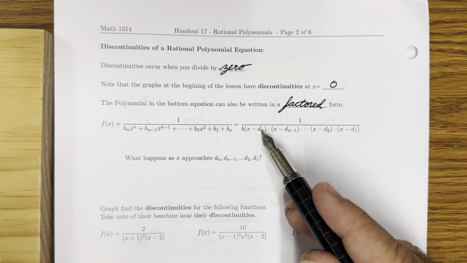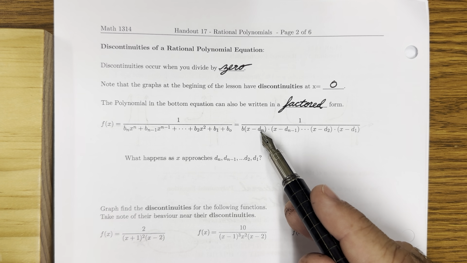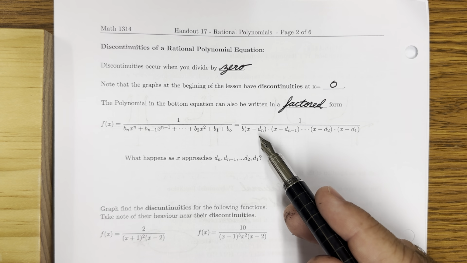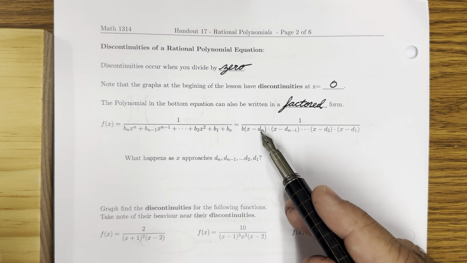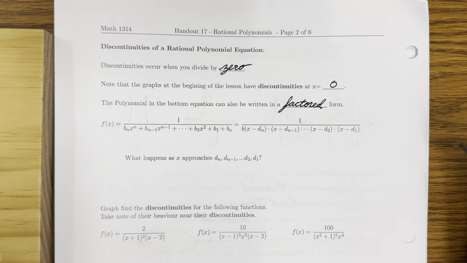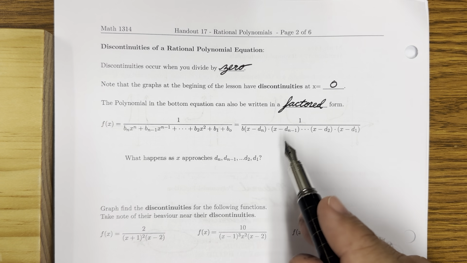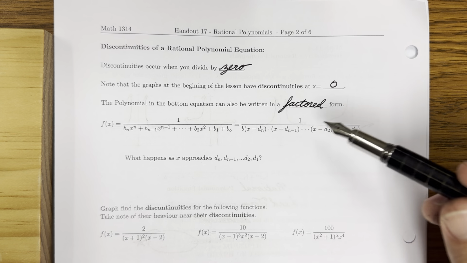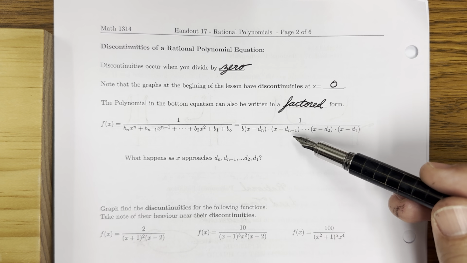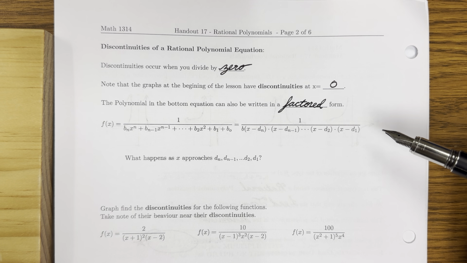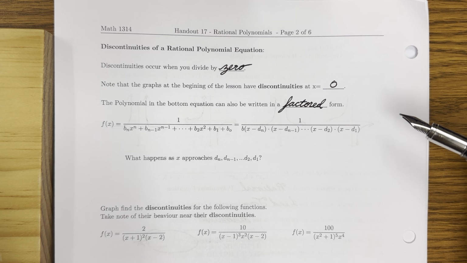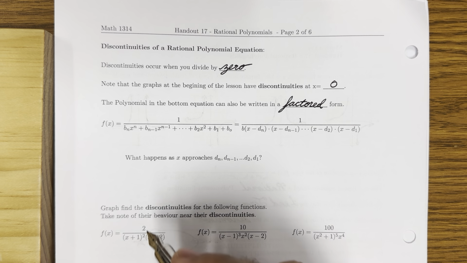And I'm using a D instead of C's for the other just to differentiate. There's no real big meaning behind using a D here instead of a C. So what happens as x approaches any one of these terms here, dn, d to the n minus 1, d2, d1? Well, this will cause us to divide by 0, which gives us a discontinuity.